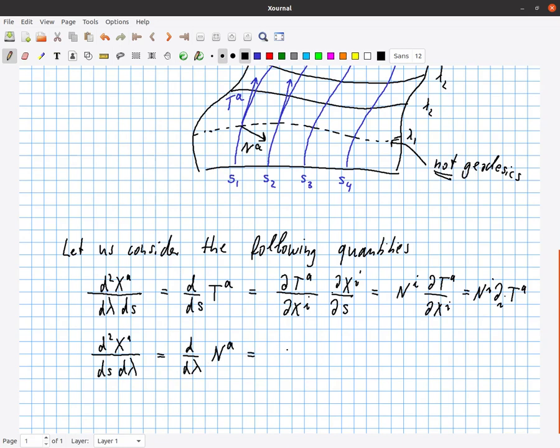By the same argument, we then get ∂n^a/∂x^i ∂x^i/∂λ, which we can then write as T^i ∂n^a/∂x^i, or T^i ∂_i n^a.